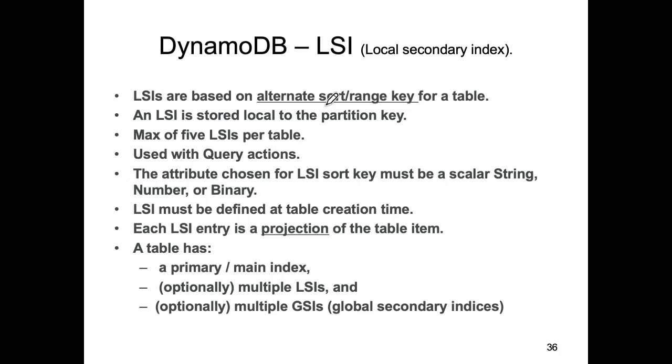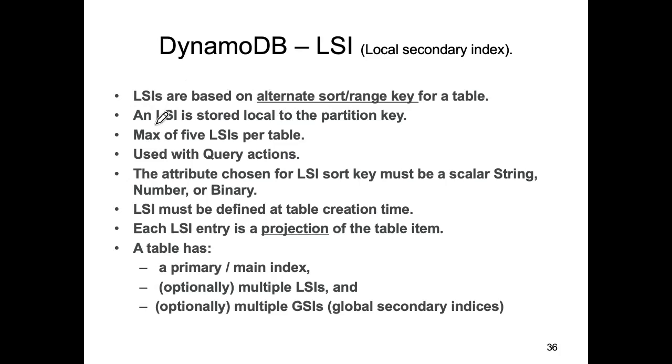The partition key still applies. So LSIs are based on an alternative sort key, also called a range key for a table. These local secondary indices are built up by the DynamoDB engine as you add items to a table. So it manages the LSI for you.